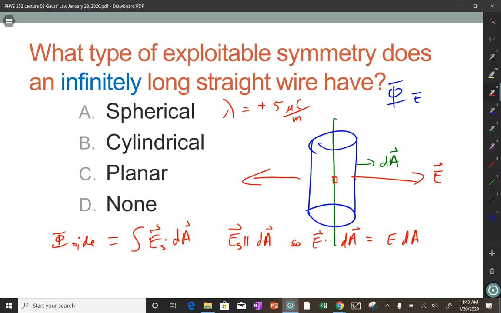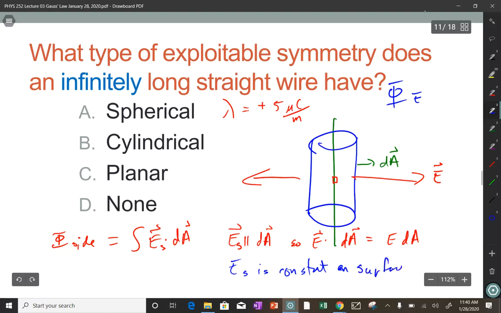Yeah. And so we also have as a second rule, E_S is constant on the cylinder or on the surface. So this becomes a constant outside of the integral, but by definition the integral of dA is just A.